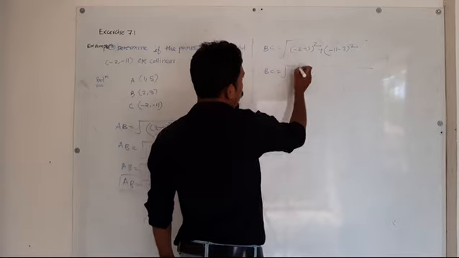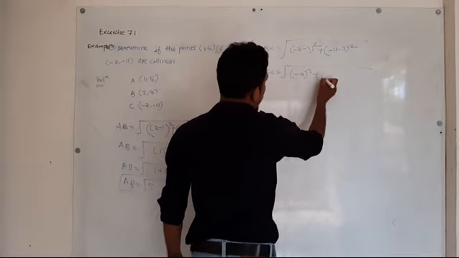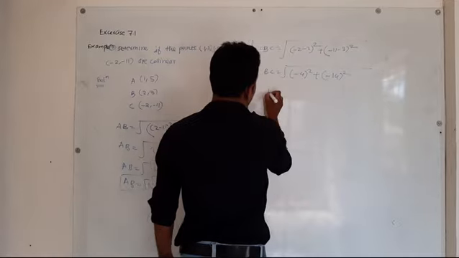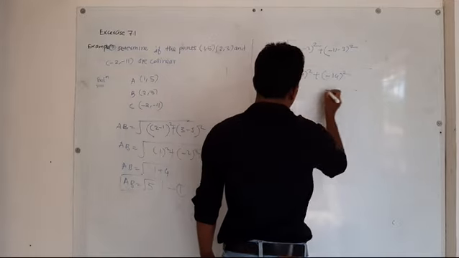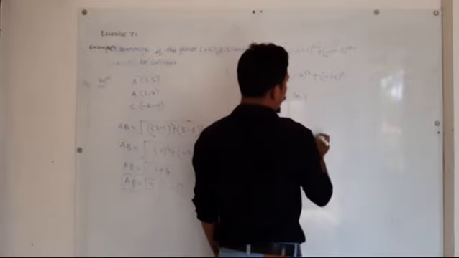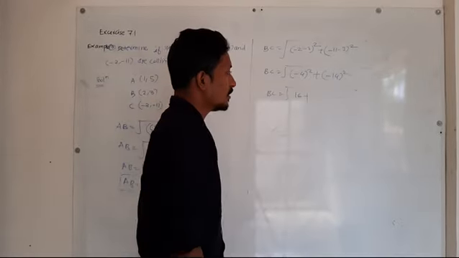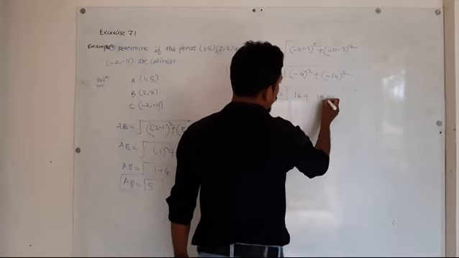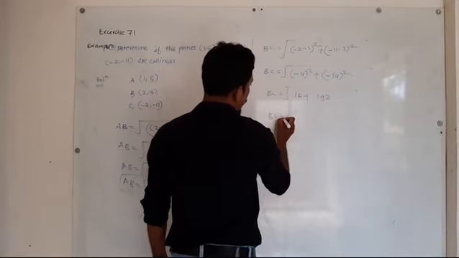This is minus 4 bracket square plus minus 11 minus 3, that is minus 14 bracket square. BC is equal to, that is minus 4 bracket square is the 16 plus square of 14 is what? 196, right?